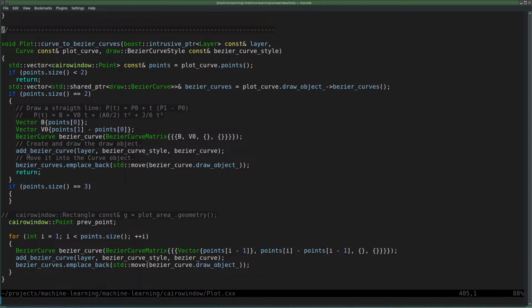I think this is the one. Oh, I found it. 0.2 towards straight line.